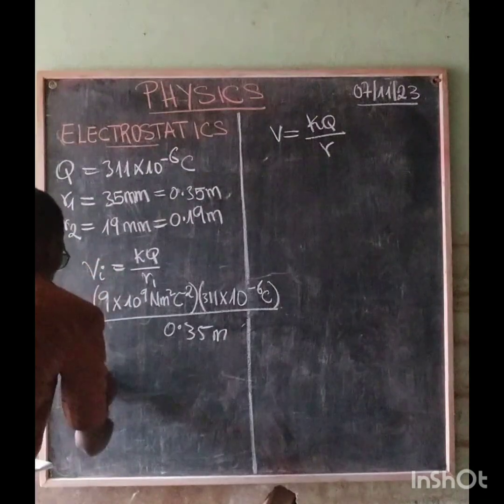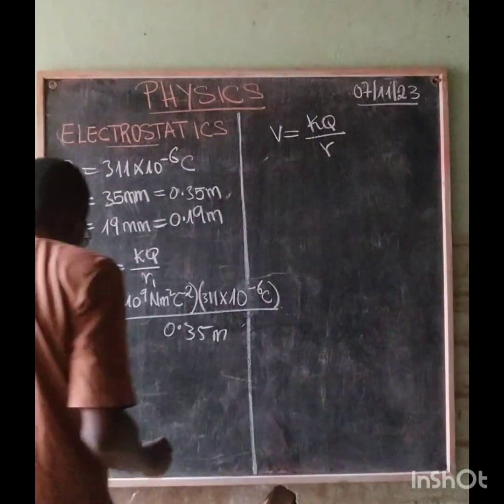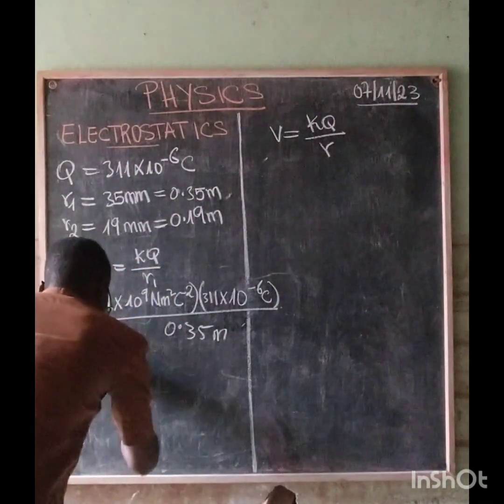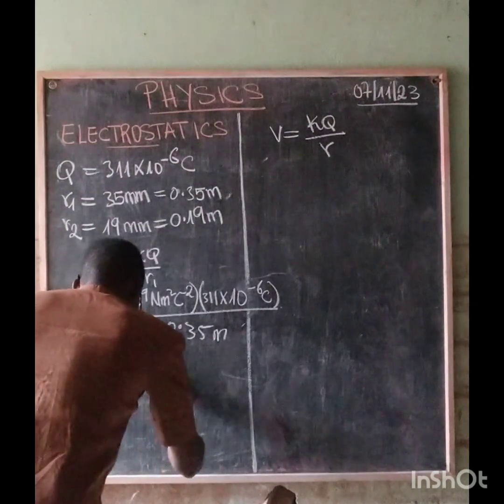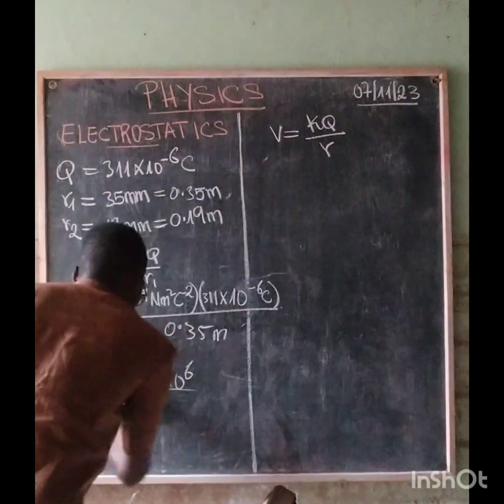And when we do this, we have the electric potential as 8.4 times 10 to the 6.